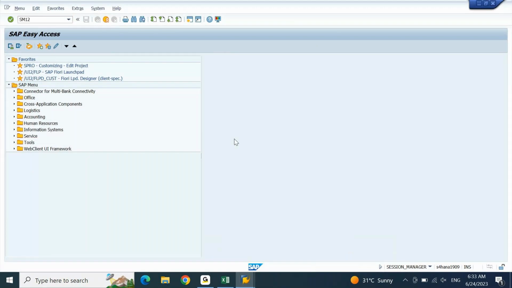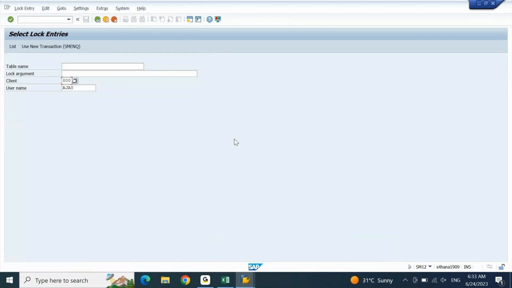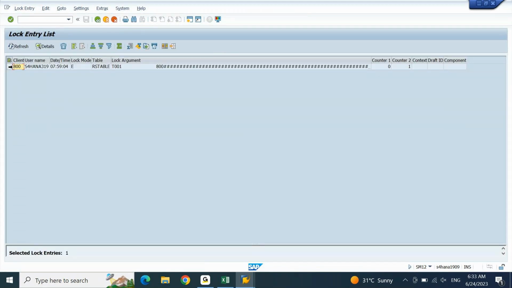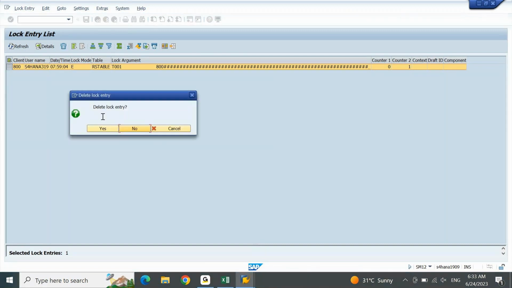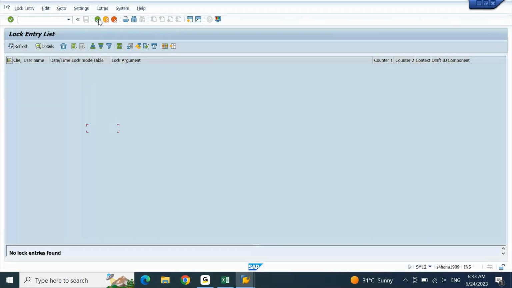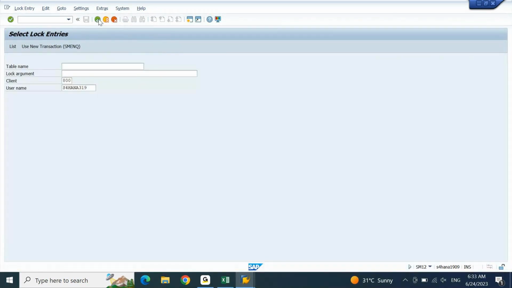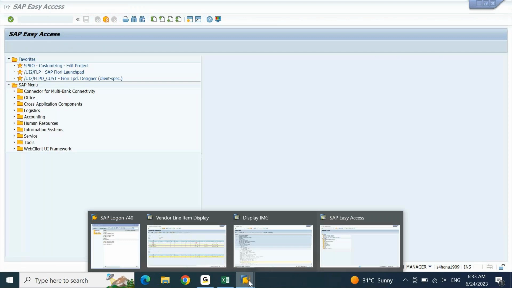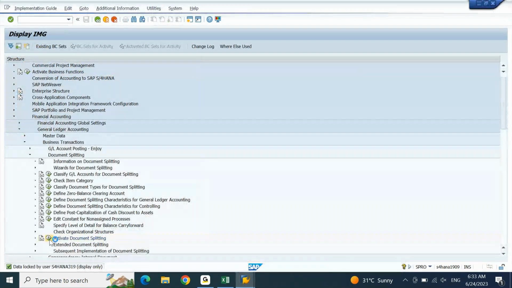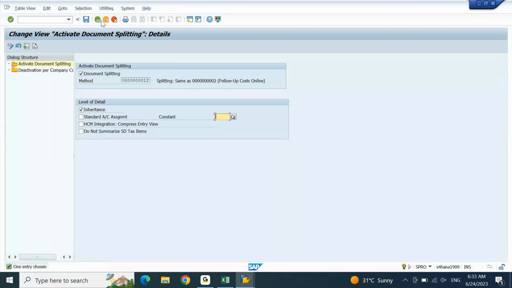SM12. Close this session so that whatever data is locked by him will get unlocked. Now let us make sure we keep this active. It is active. Come back.